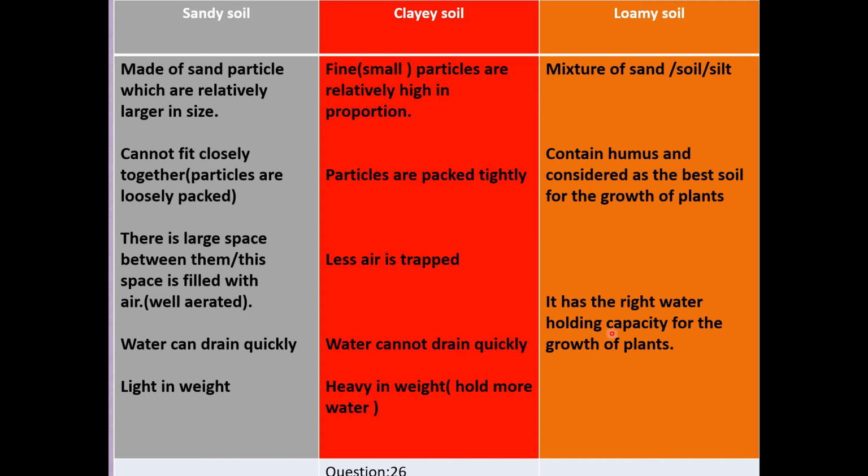Loamy soil has the right water holding capacity for the growth of plants. Sandy soil is light in weight. Clay soil is heavy, so it holds more water. Whereas loamy soil has the right water holding capacity for the growth of plants.